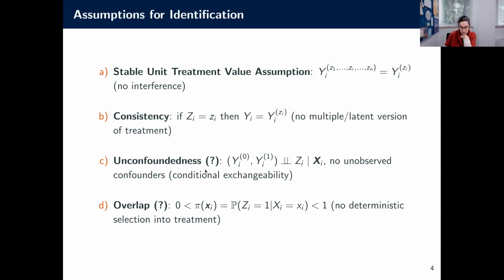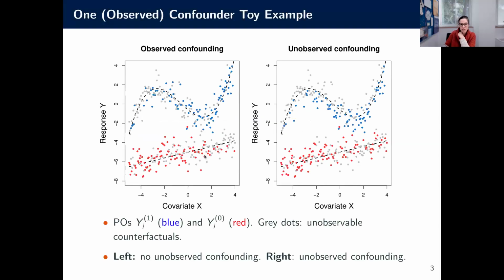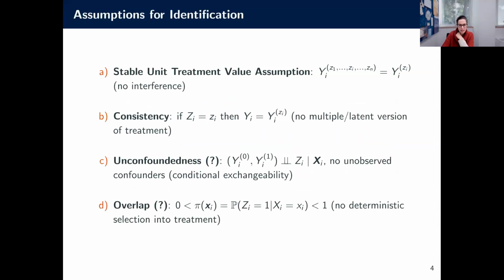And unconfoundedness, it's a question mark, right? In the previous plot that I showed you on the left, this was unconfounded, which is also called observed confounding. You can treat them in the same way.